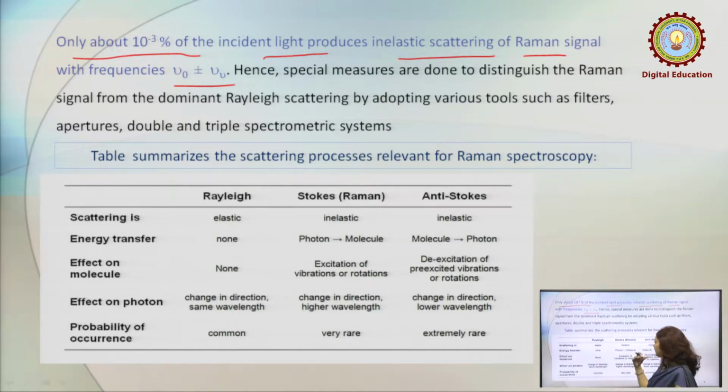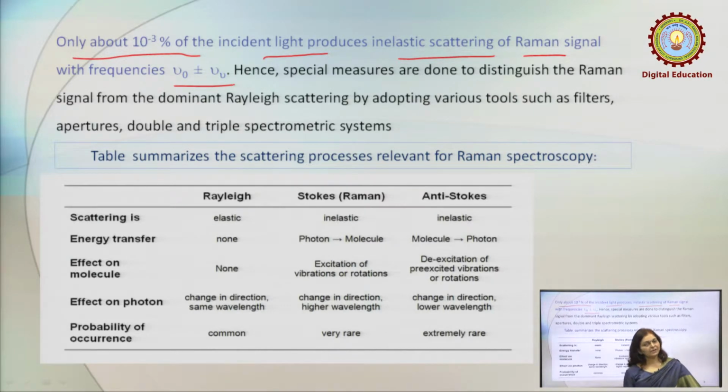This table summarizes the scattering processes which are relevant for Raman spectroscopy. In short, we can summarize: this is Rayleigh, Stokes and anti-Stokes. Scattering is elastic in case of Rayleigh, while it is inelastic in case of Stokes and anti-Stokes. Energy transfer in Rayleigh is none, while in case of Stokes, energy is transferred from photon to molecule, whereas in case of anti-Stokes, energy is transferred from molecule to photon.